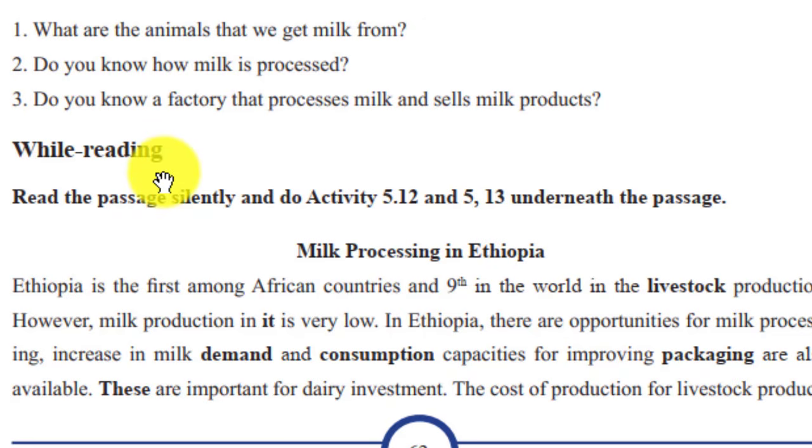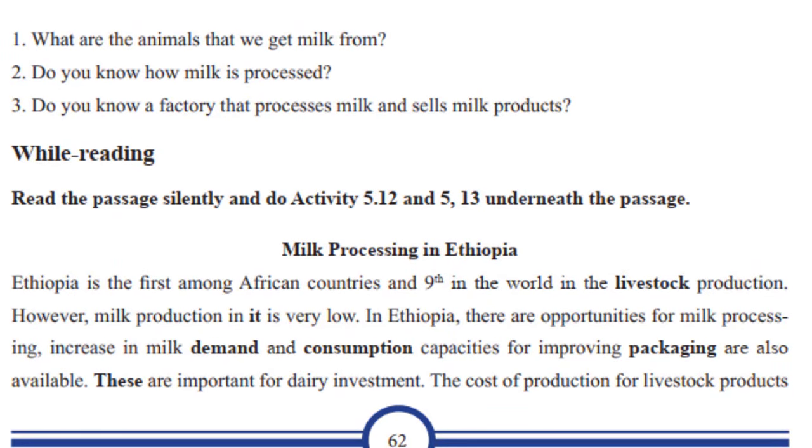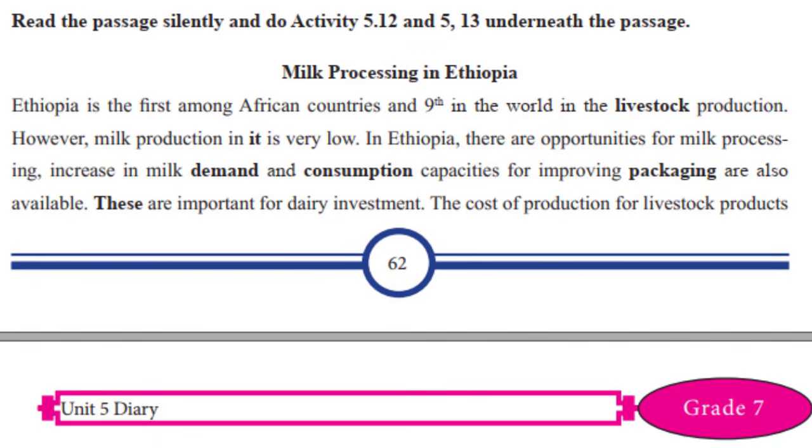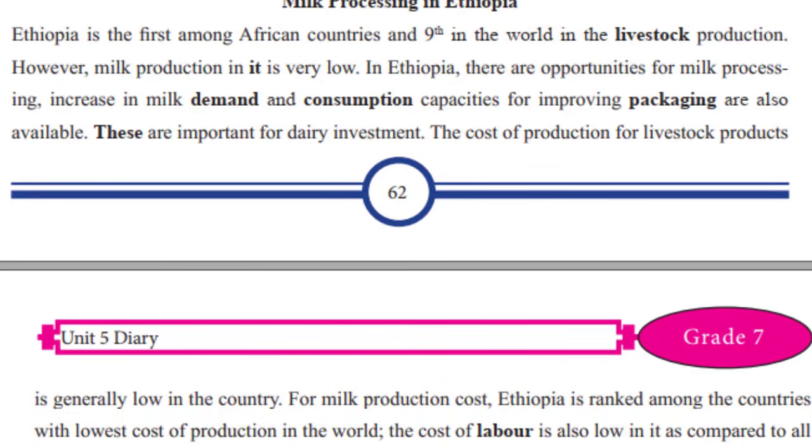Let's come to while reading ላይ ስንመጣ, it's actual reading ነው, ዋና ንባብን የምንጀምርበት ነው. Read the passage silently and do activity 5:12 and 5:13 underneath the passage. Underneath ማለት ከስር ከፓሴጁ ስር የቀረቡ ጥያቄዎች አሉ እነሱን ትሰራላችሁ. The passage is entitled Milk Processing in Ethiopia ነው, የወተት ሂደትን የሚያሳይ ነው. ወተት ወደ ሌላ ውጤቶች እንዴት እንደሚቀየር ሊያሳይ የሚችል ፓራግራፎች አሉ.